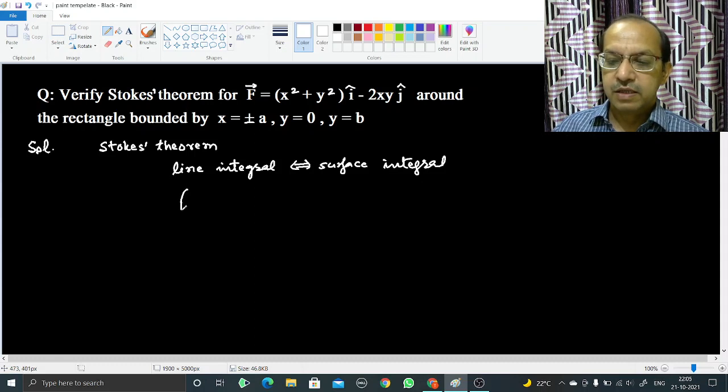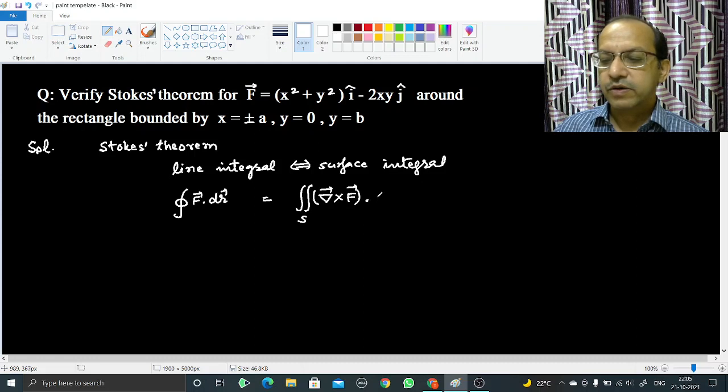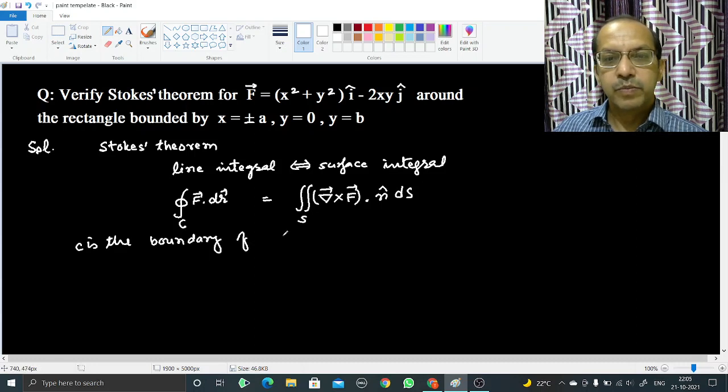It means the line integral of a vector field, that is F dot dr, is equal to the surface integral of curl of F, either you write dot ds or you write dot n cap ds. Here C is the boundary of the open surface S.